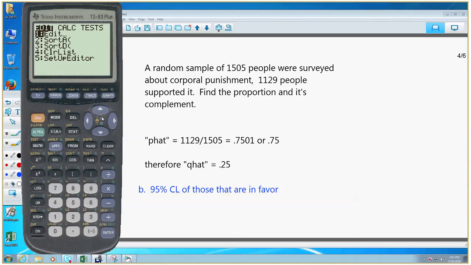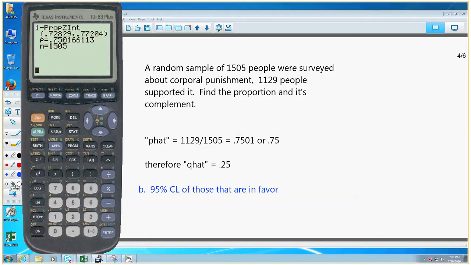Hold on. Which one is it? You've got to go down to, I think, A: 1-PropZInt. Okay, there it is. That's what I was looking for. So your X is 1129, your N is 1505, your confidence level is 0.95, and hit calculate.